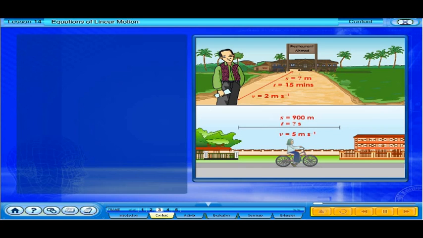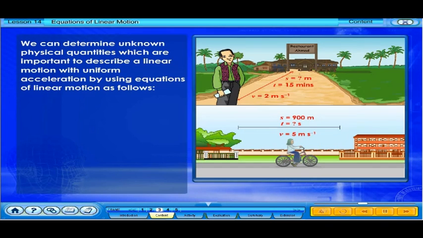Both daily situations shown before are some of the situations that we may face or experience in our daily life. In the previous lesson, we have learned how to calculate velocity, acceleration, displacement, and time using equations a equals v minus u over t and v equals s over t.